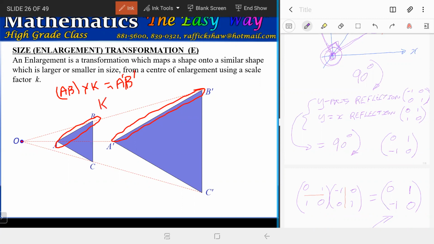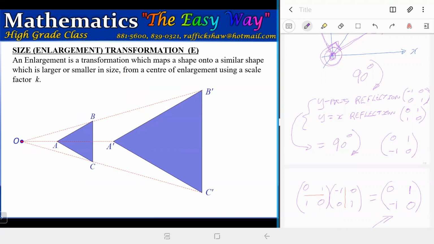Therefore K will be A prime B prime divided by AB. If you look at it, it's my image distance divided by my object distance.